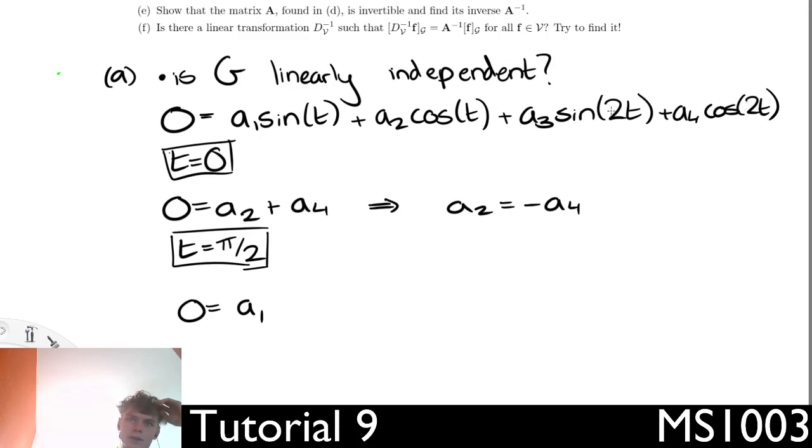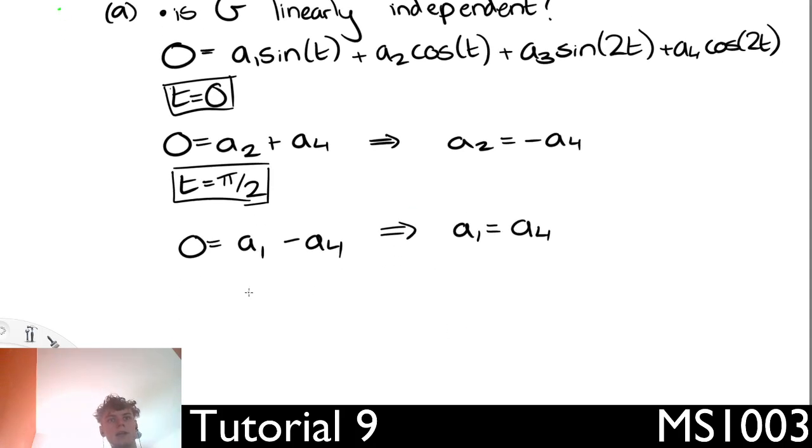A3 times the sine of 2 times pi over 2 is sine of pi, and the sine of pi is actually 0. And the cosine of pi is minus 1. So I get 0 equals a1 minus a4, which implies that a1 is equal to a4. And so on and so forth.